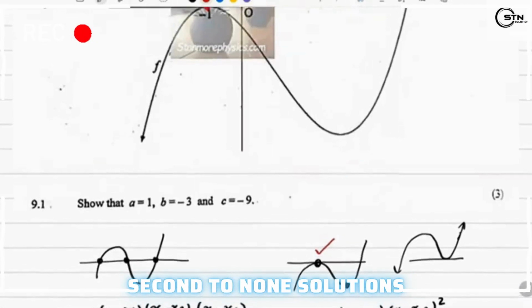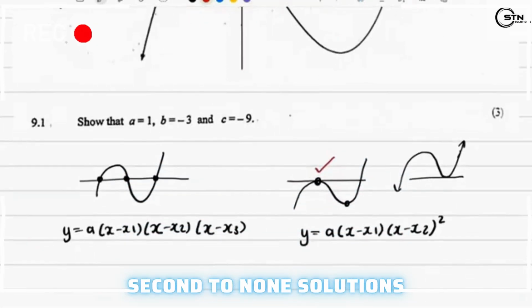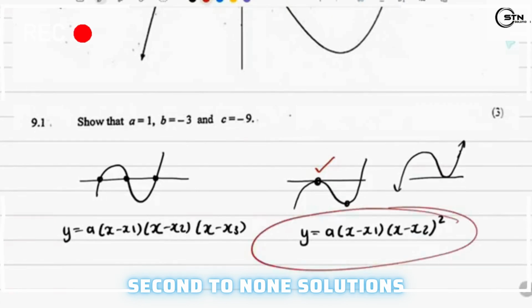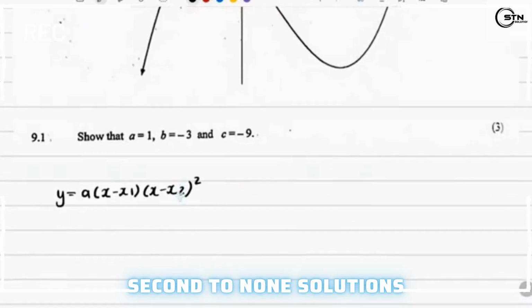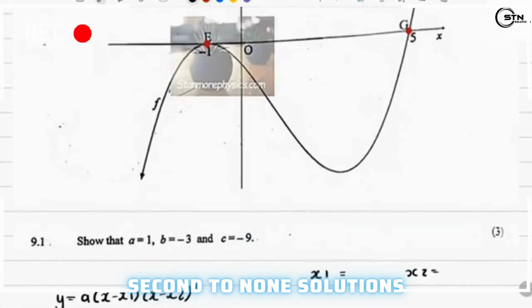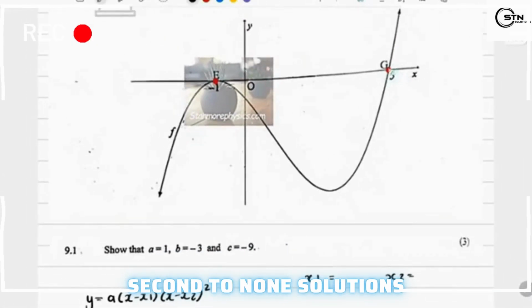Okay, so they gave us x-intercepts. We're going to use one of the x-intercept formulas, and of course, we're going to use this formula. Let's establish what our x1 and x2 are. Our x2 must be the one that is a turning point and an x-intercept. Our x1 would be this one, 5, because it's just an x-intercept.